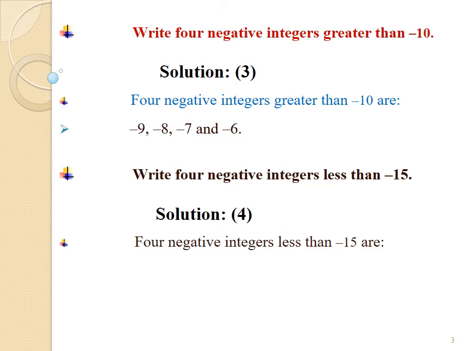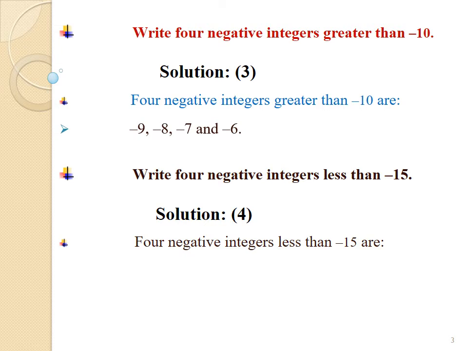Now, question number 4. Write 4 negative integers less than minus 15. Students, we know that in order to write 4 negative integers less than minus 15, we have to write the negative integers having greater numerical value than minus 15.